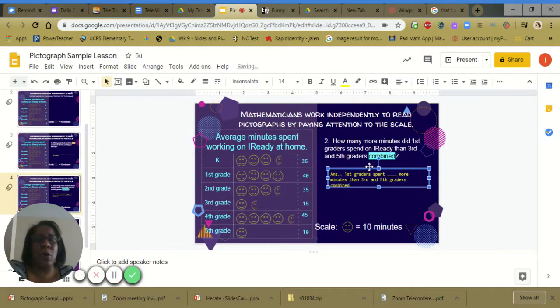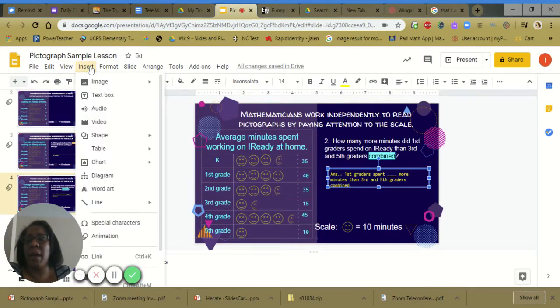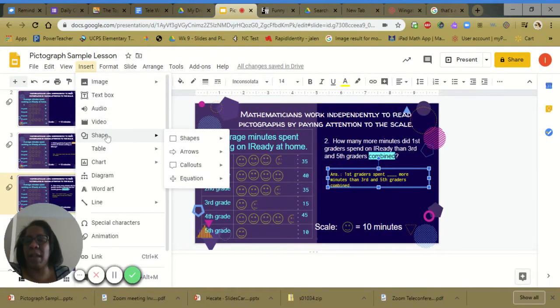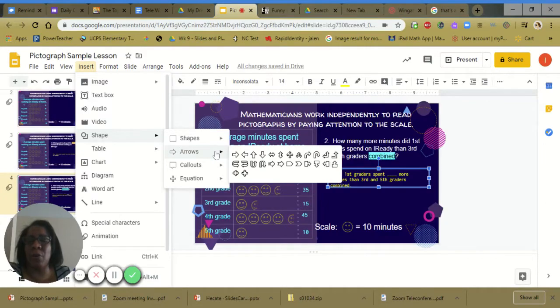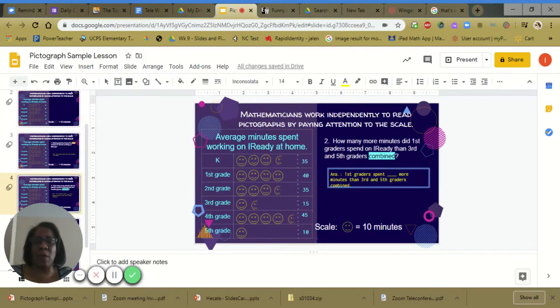Okay, so combined. What is being combined? Third grade and fifth grade. So I would put a star beside third grade and fifth grade. That's where I know that's exactly what I'm going to be paying attention to.